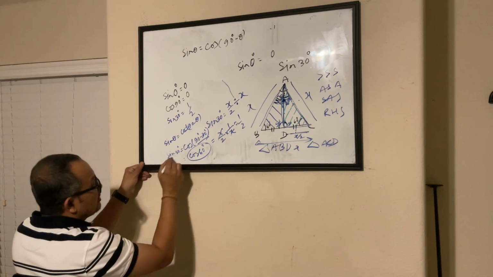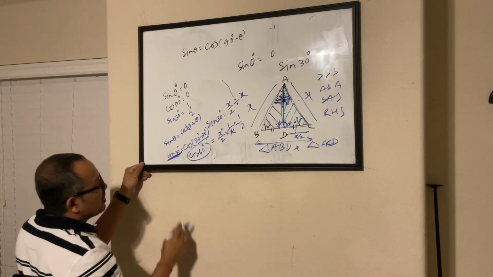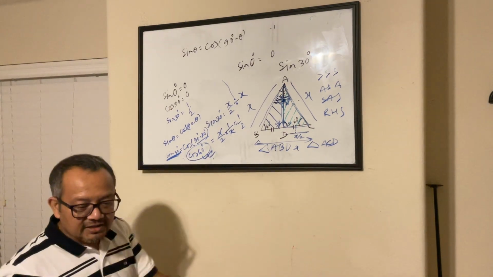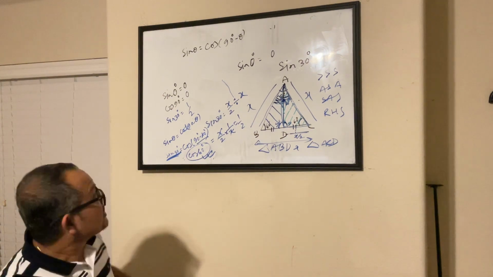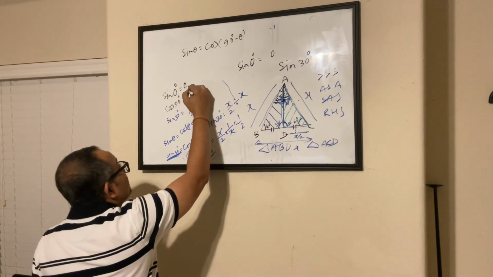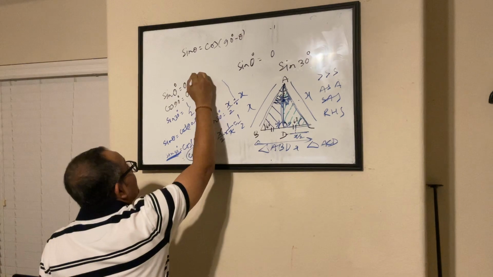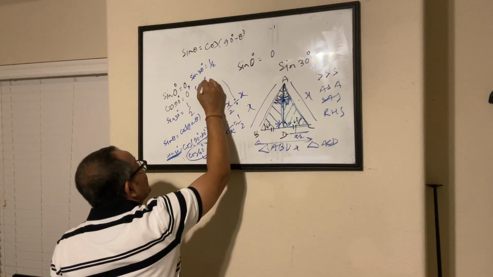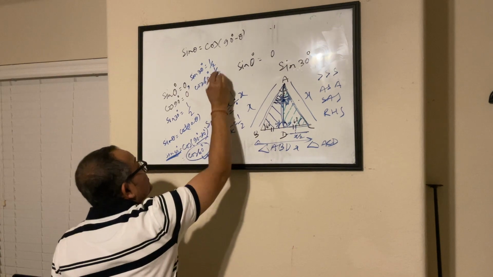You just learned the value of sine 30 degrees, and you can by default say that it is equal to cos of 60 degrees. So sine of 0 is 0, cos of 90 is 0, sine of 30 degrees is 1 by 2, cos of 60 degrees is 1 by 2.